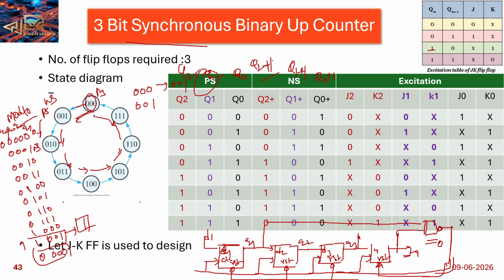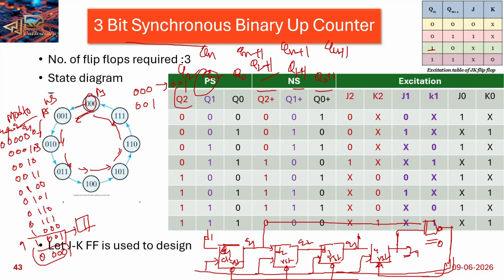In this way I will consider that, the next state being Qn plus 1. You can also consider Q2 and Q2 bar, Q1 and Q1 bar, Q0 and Q0 bar.